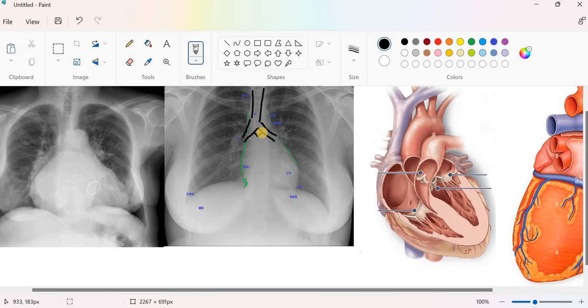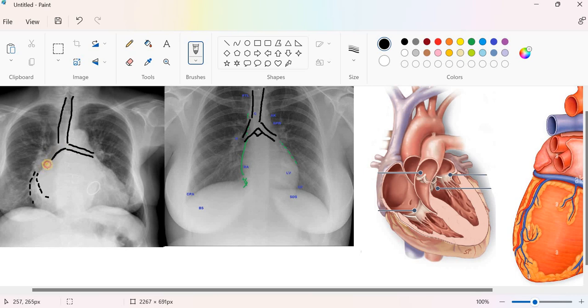In case of left atrium enlargement, you will find that this angle converts from being right to obtuse, as here. Here we said there is a double density sign, right? That means left atrial enlargement. Clearly this is the trachea, and at its carina it divides into the left bronchus and the right bronchus.